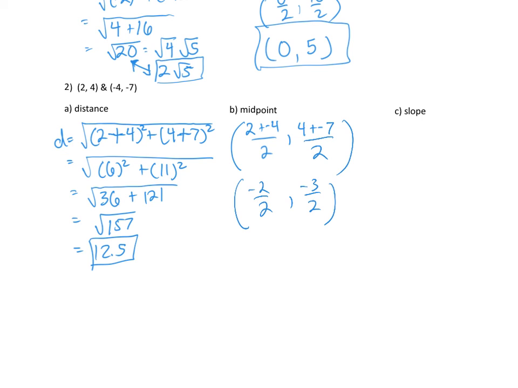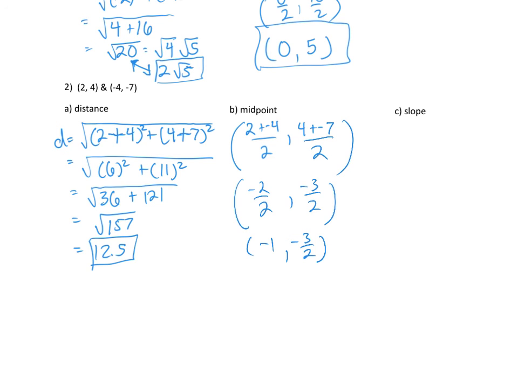I cannot simplify 3 halves. It doesn't divide evenly. I'm just going to leave it as 3 halves. But negative 2 divided by 2, that's negative 1. So negative 1, negative 3 halves is my midpoint.